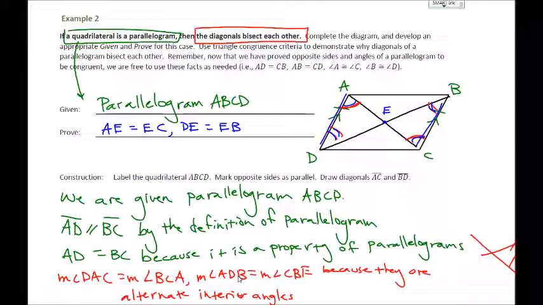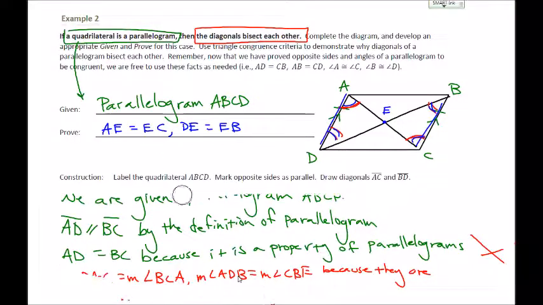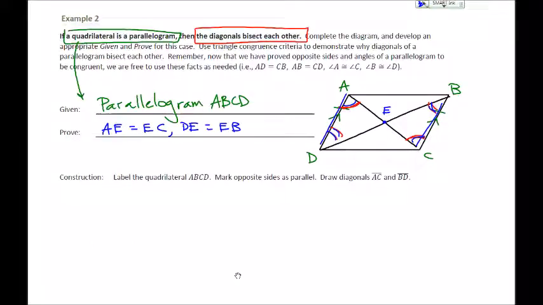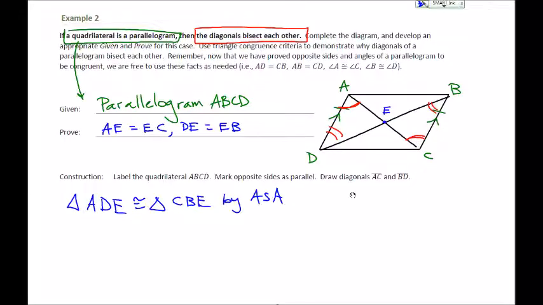I would like to scroll up, but I can't. I'm going to erase this to have more space to write, but just write the things I write next below what's already written here. All right, next I'll say the triangles are congruent by angle, side, angle. A corresponds with C, D corresponds with B, and E corresponds with itself. And now that the triangles are congruent, all the corresponding sides and angles are congruent.